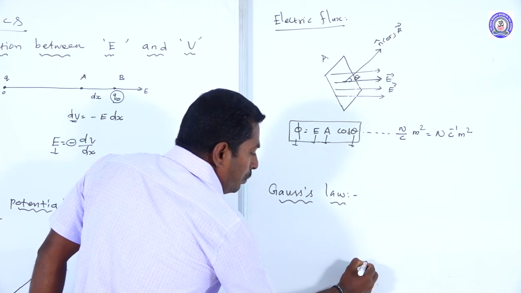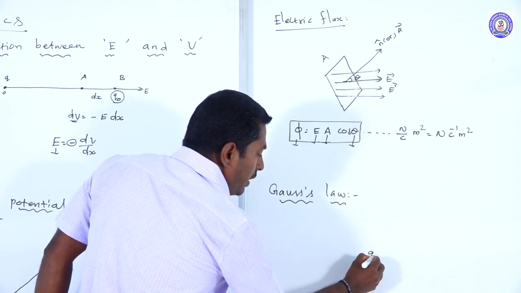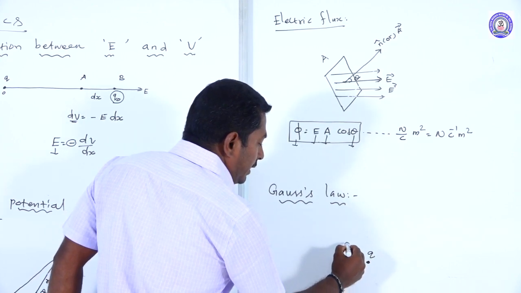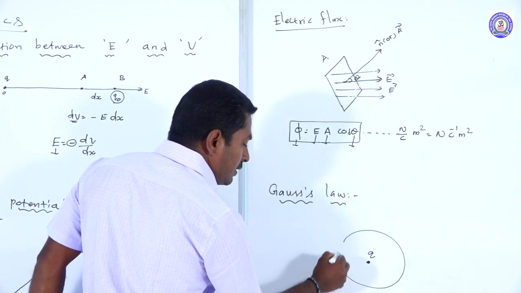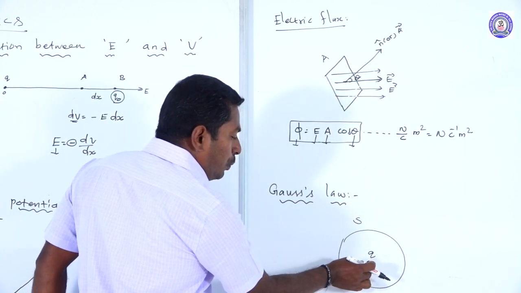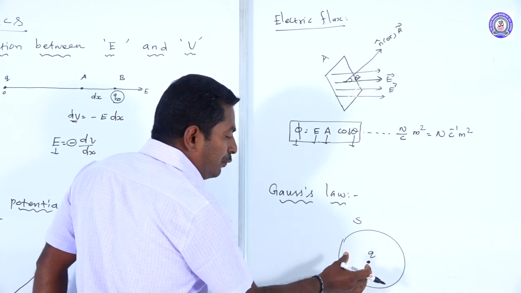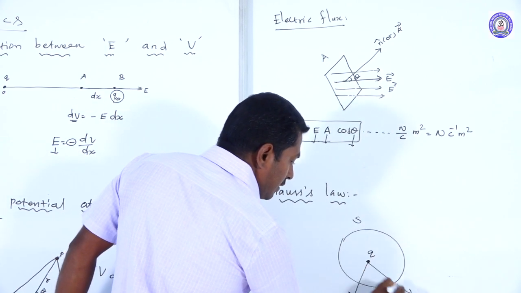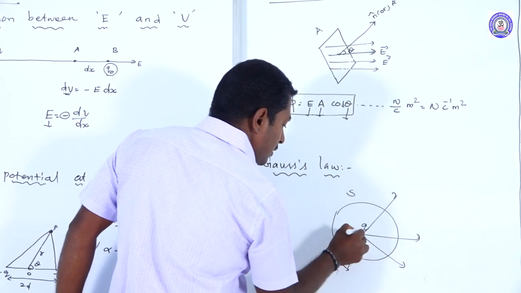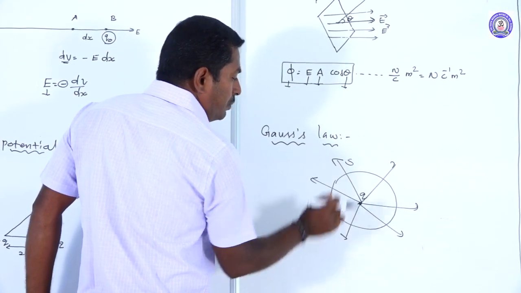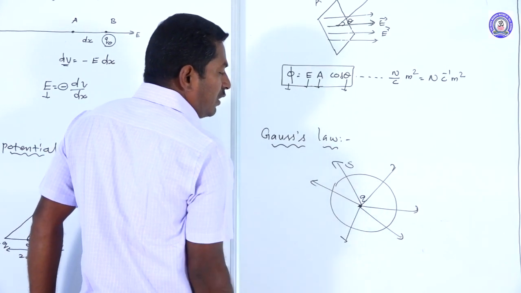Let us consider a positive point charge Q. This positive point charge Q is enclosed by the closed surface S. This positive point charge produces electric lines of force directed away. These are the electric lines of force produced by the positive point charge, and this is one closed surface.